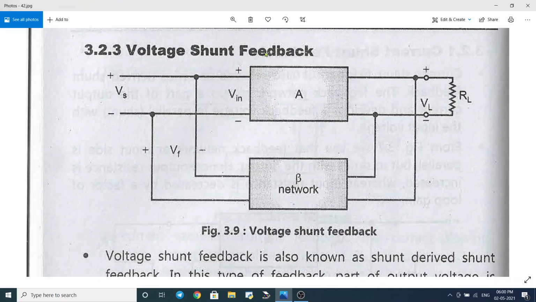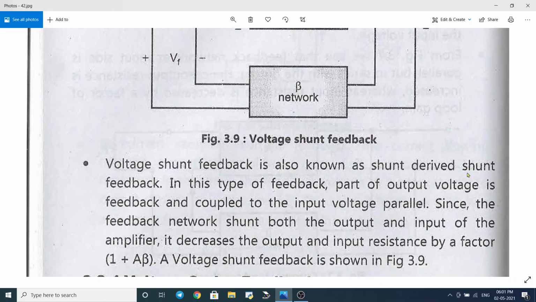Third is the voltage shunt feedback. Here it is the voltage feedback and here it is the shunt injection. So it will be shunt derived shunt feedback, isn't it? The voltage shunt feedback is also known as shunt derived shunt feedback.